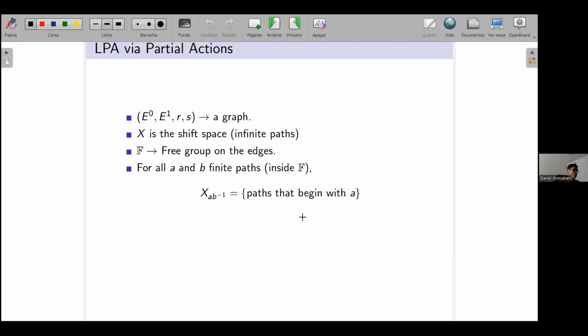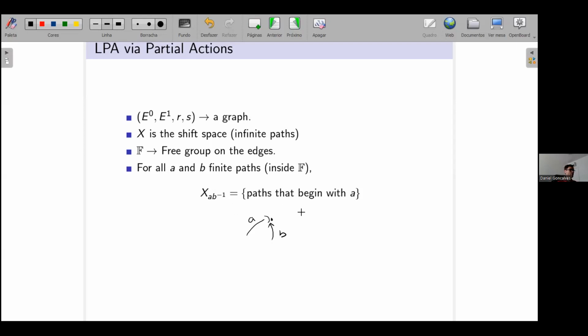And so we have a partial action, right? In an action of a group, for each element of the group we have a bijection of X. Now in a partial action, I have to pick some subsets of X and define a bijection between these subsets. For us, I'm particularly interested in paths A and B that end at the same range.